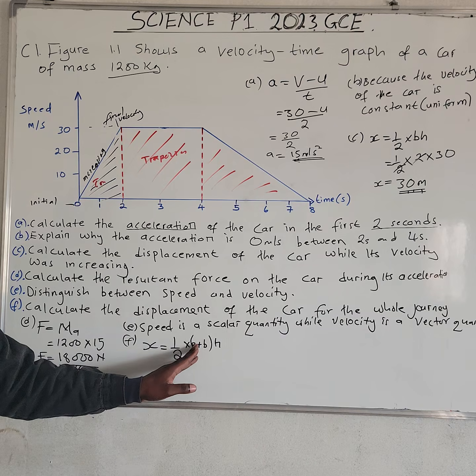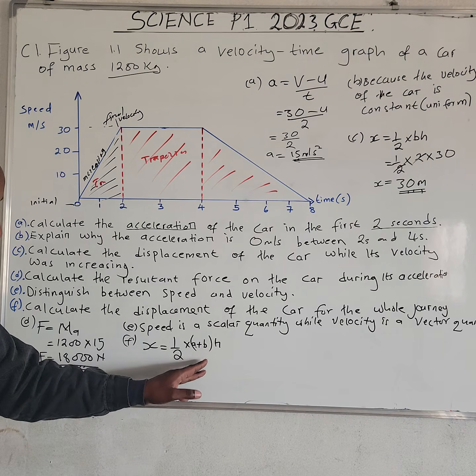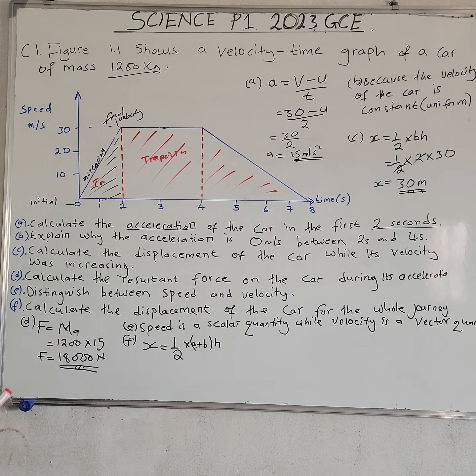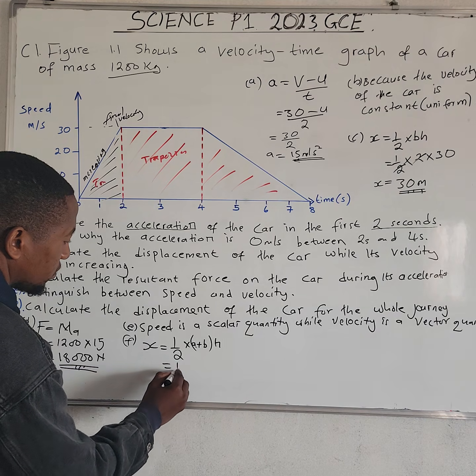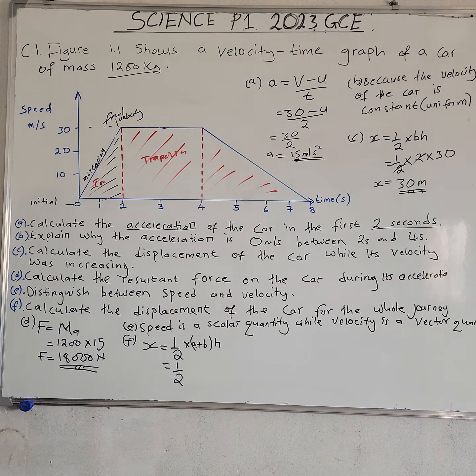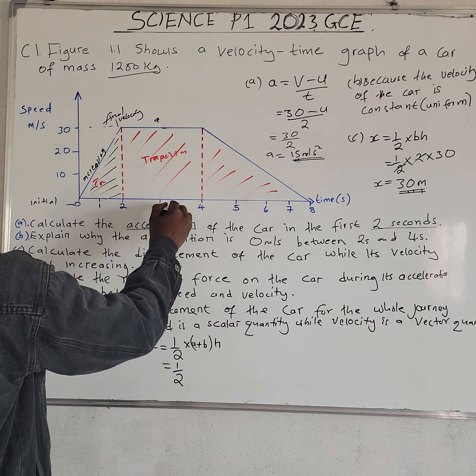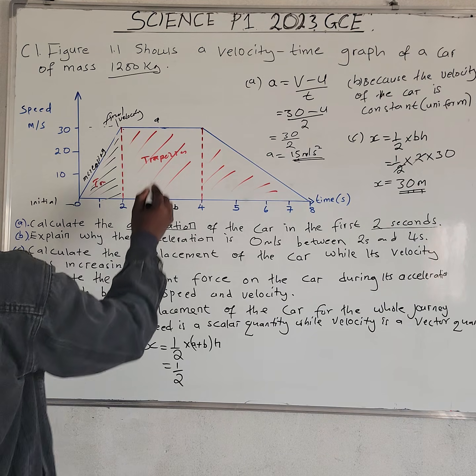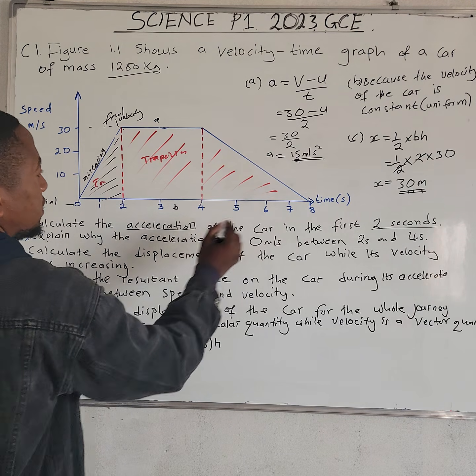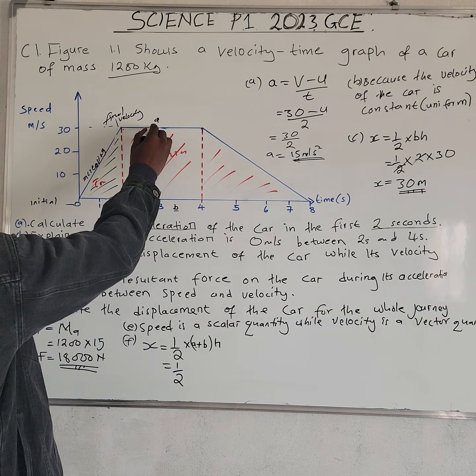It has a formula of its own. So what is our a? This distance is our a, and this is our b.